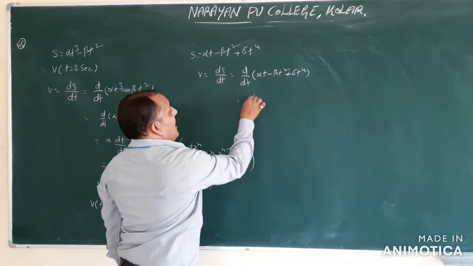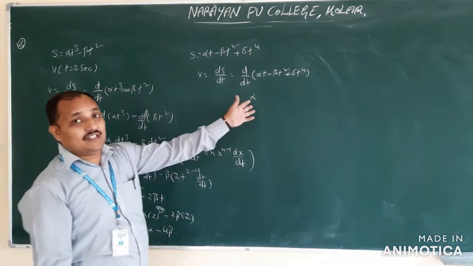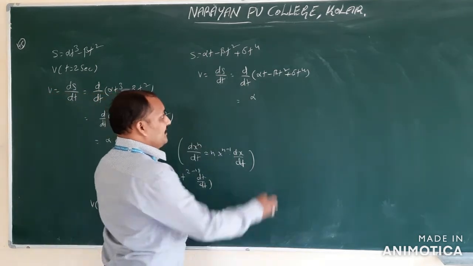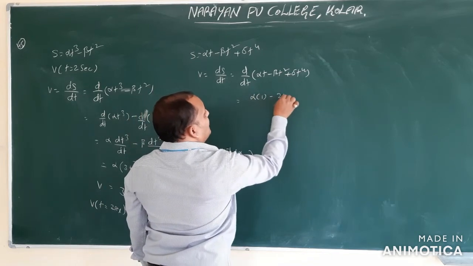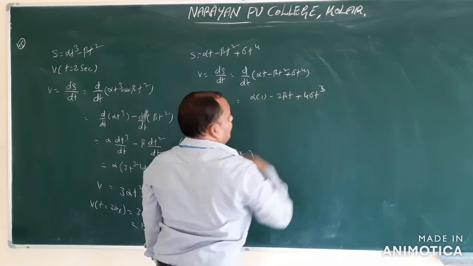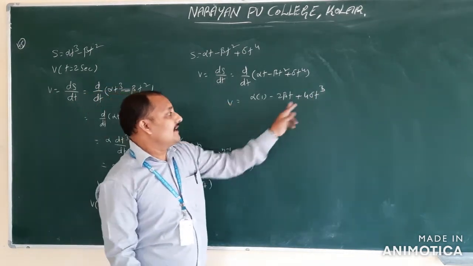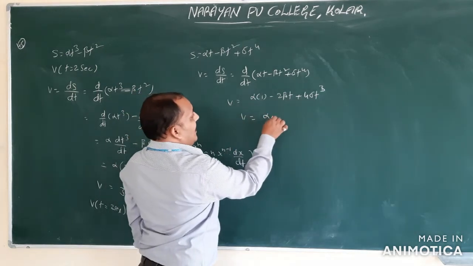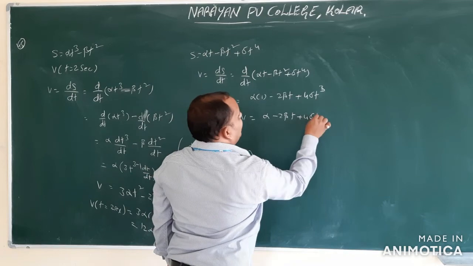I am writing directly; you can check once after completion of this video. Alpha dt by dt is going to become 1, minus 2 beta t plus 4 delta t cube. So if you differentiate one time, you will get this equation. V is equal to alpha minus 2 beta t plus 4 delta t cube.